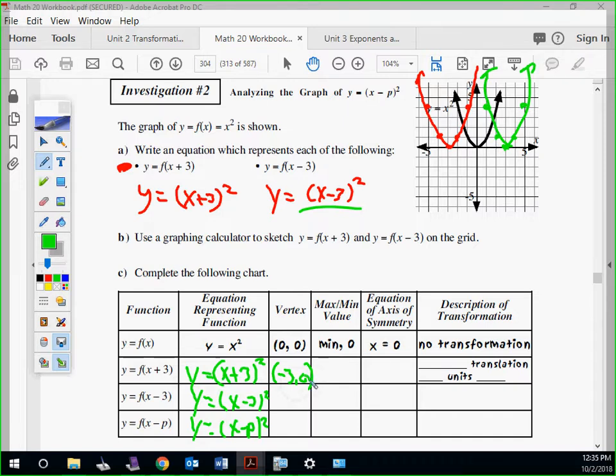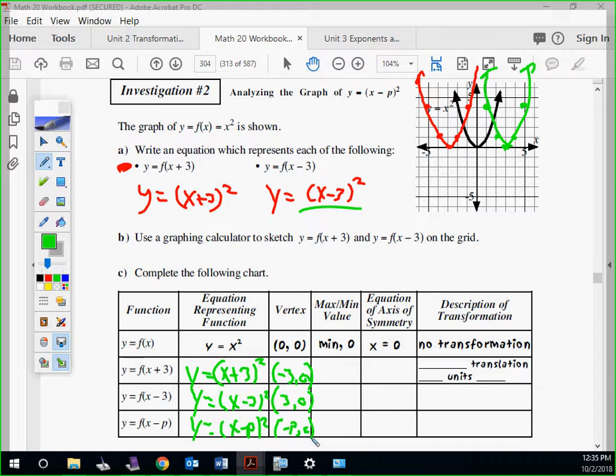This one's 3, 0. Put negative p, 0, and I just do that because it's opposite of what you see. Technically, it's p, because they have a minus there, which is telling you opposite, but for whatever reason, students tend to forget to flip. So just always think opposite of what you see for p.